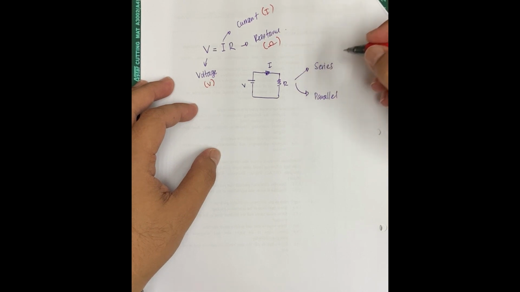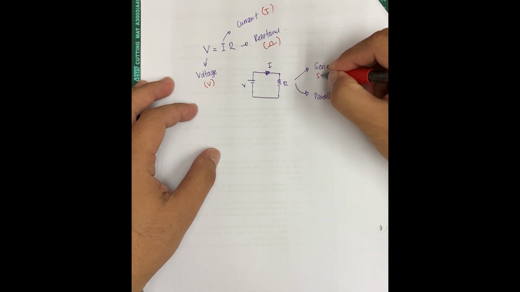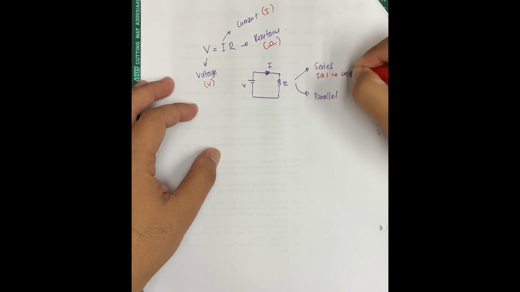For example, you have Squid Game 1, and after that you watch Squid Game 2, 3, and so on. Or a movie, Batman 1, 2, 3, and so on. So it is a series of events.